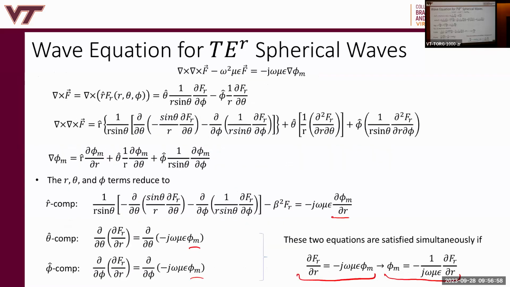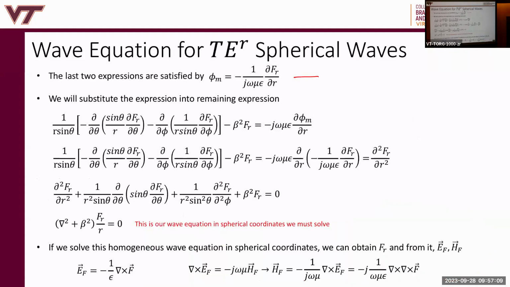My apologies, this one. So these two were already utilized in order to obtain this expression here. Now we're going to take that and plug it in to the third one, right? If we do that and go through the algebra, then we obtain this final expression. These are just the steps that you go through to get to here, all right?